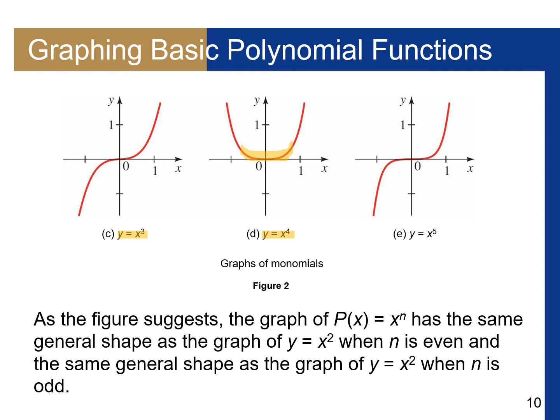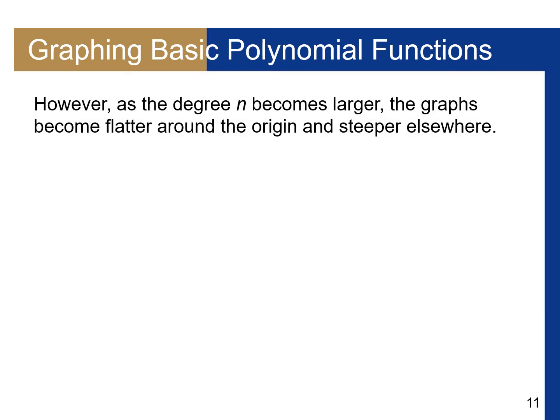And the same if I have y equals x to the fifth with the cubic function, this area is now going to be more flat and then have a steeper turn here, a steeper slope on the ends. However, as the degree n becomes larger, the graphs become flatter around the origin and steeper elsewhere, as I just said.